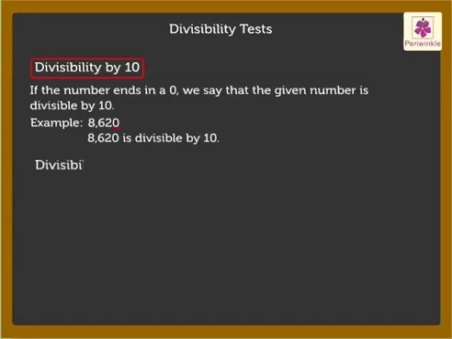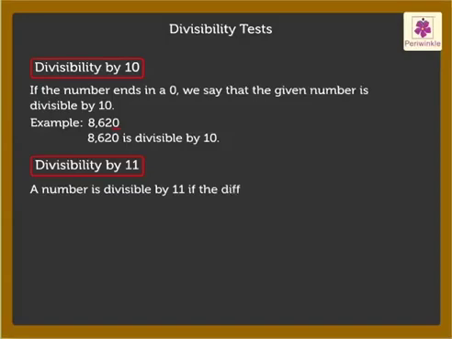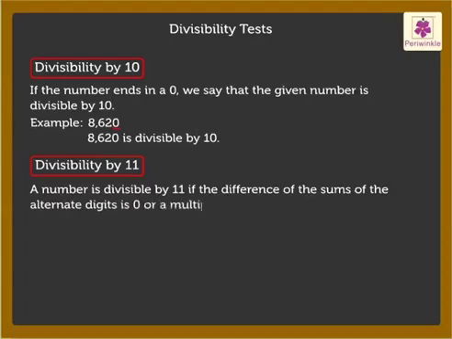Next is divisibility by 11. A number is divisible by 11 if the difference of the sums of the alternate digits is 0 or a multiple of 11. For example, look at the number 3,729. Here, by adding the alternate digits 7 and 9, we get the sum as 16.